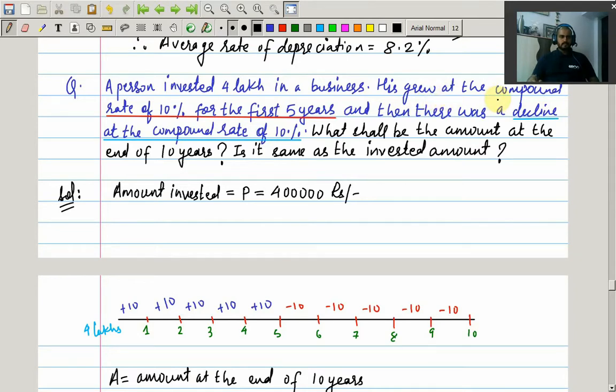His growth is at the compound rate of 10% for the first 5 years, and then there was a decline at the compound rate of 10%. What shall be the amount at the end of 10 years? Is it the same as the invested amount?